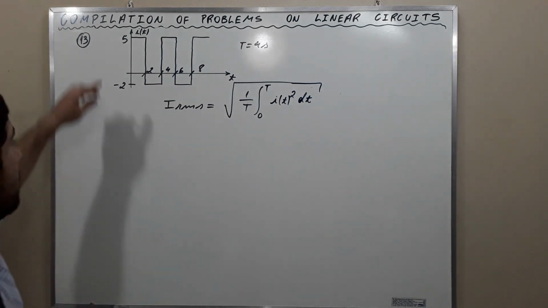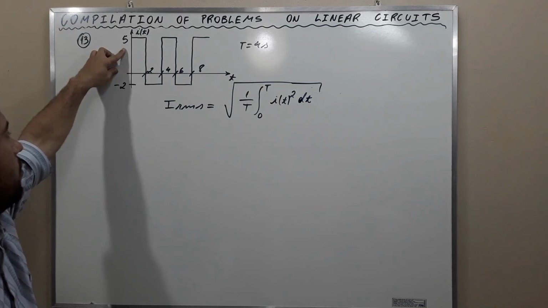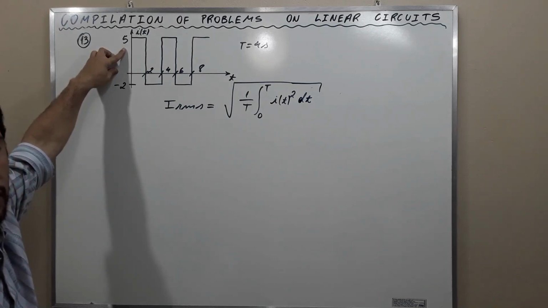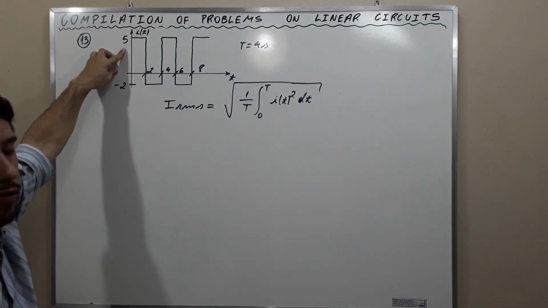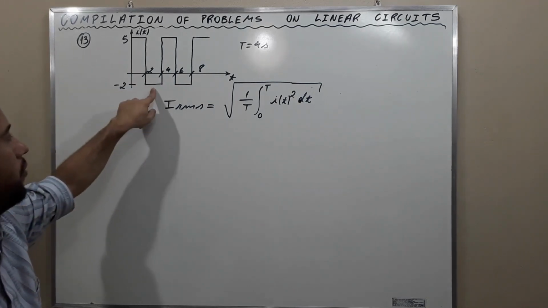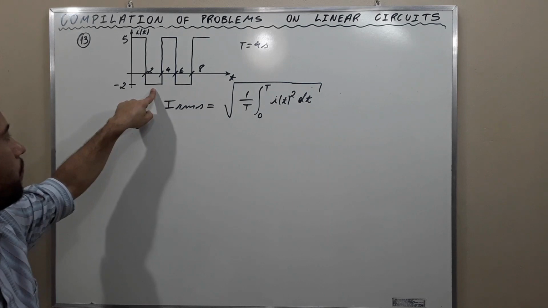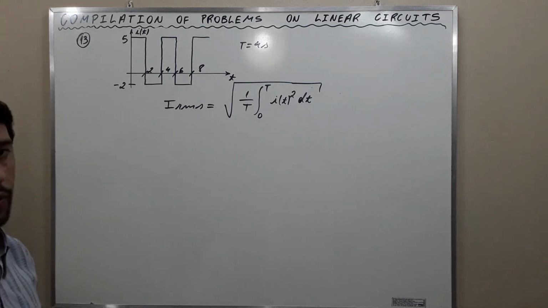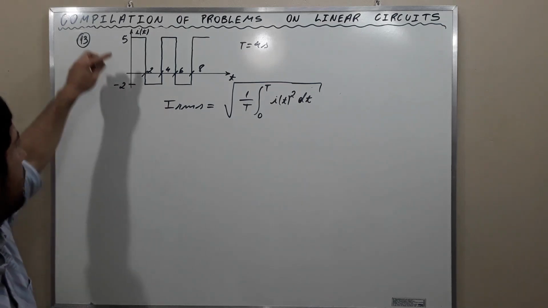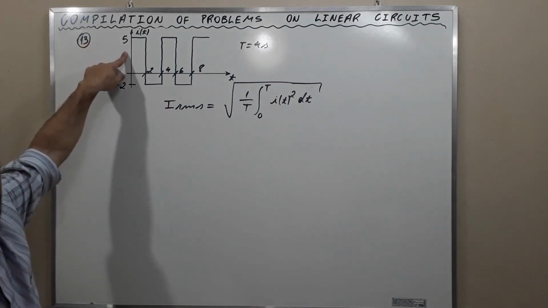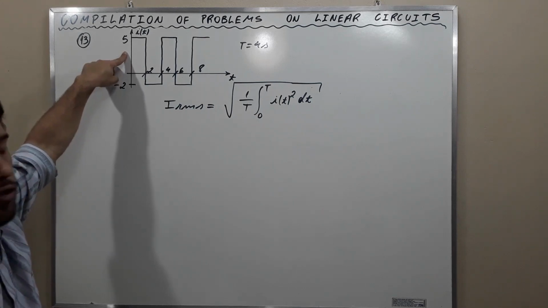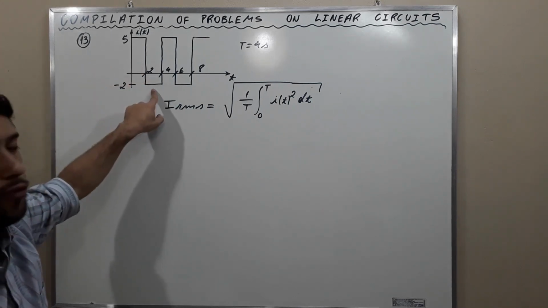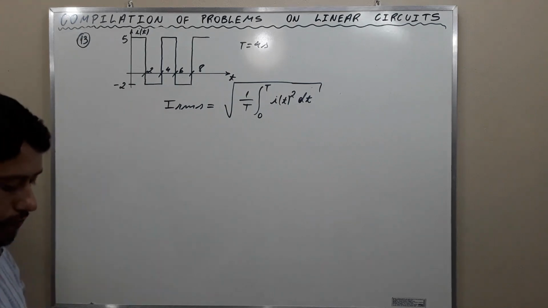Observe that the value of current from 0 to 2 is 5, and from 2 to 4 is negative 2. We need to split it apart because we have different values. From 0 to 2 is 5, and from 2 to 4 is negative 2.